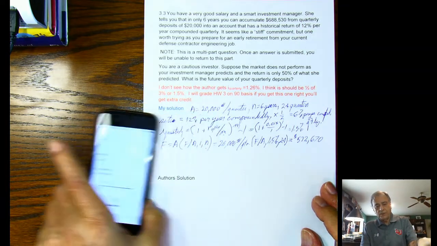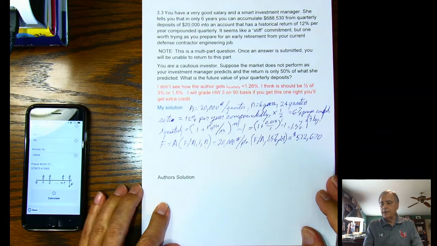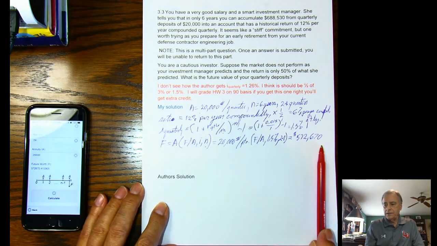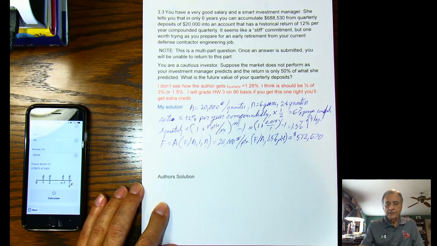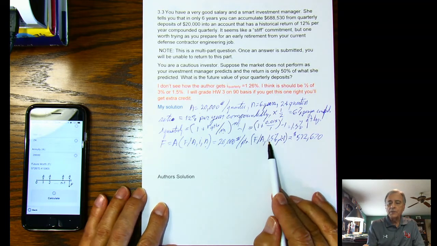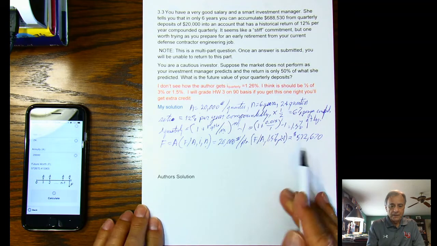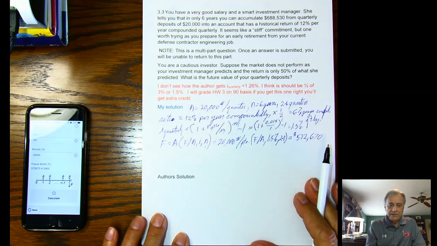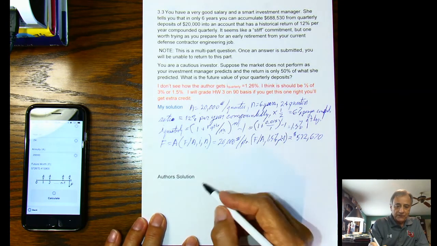And I'm going to show you the answer that the author gets. He basically does the same calculation, except the author uses the rate 1.26%. If anybody can figure out why that would be correct, please let me know, because I don't feel like it is.